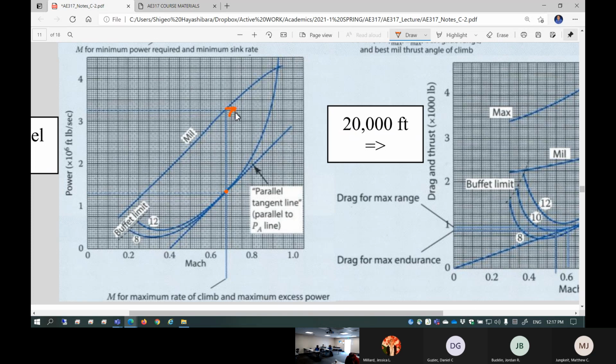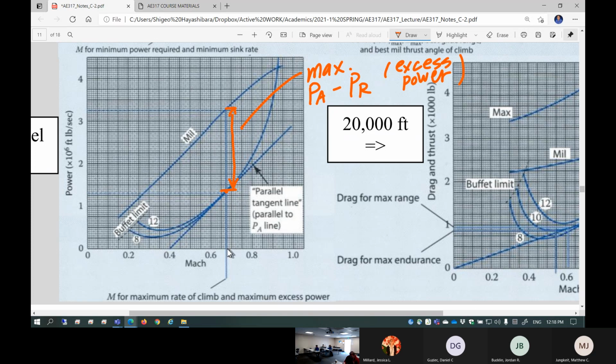So this is going to be the maximum excess power your airplane can have. In other words, power available minus power required, excess power. Okay. This is the condition for maximum rate of climb.